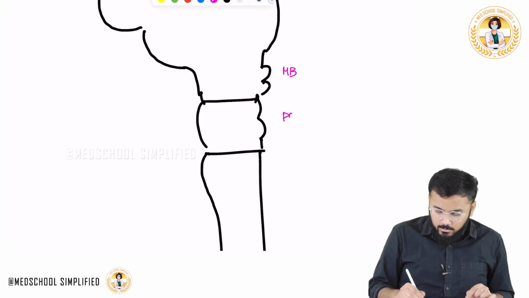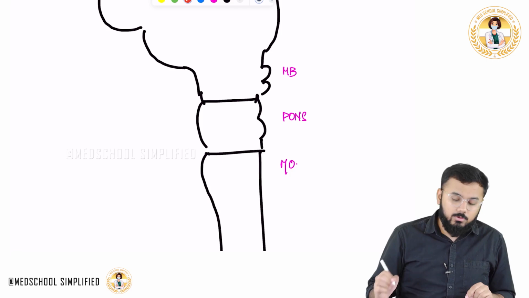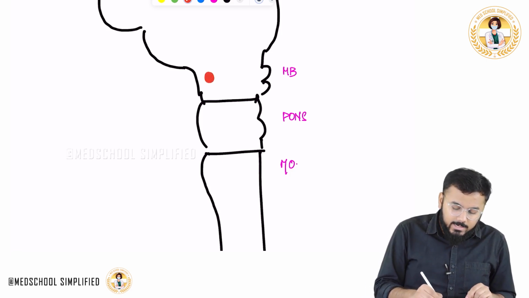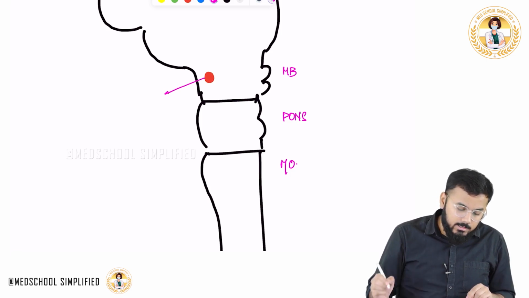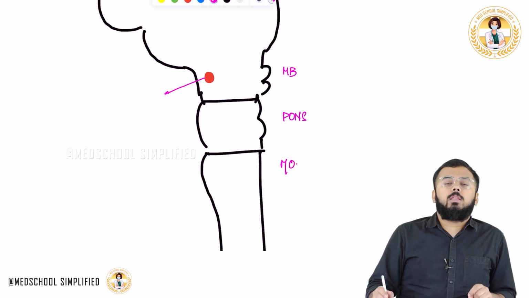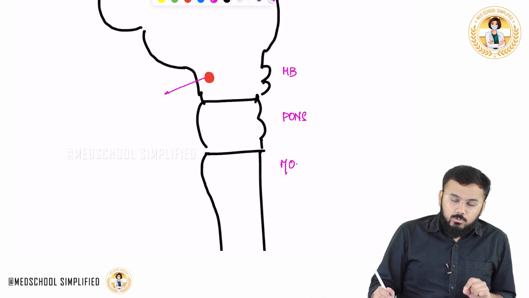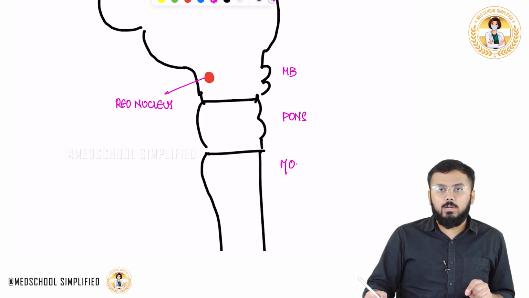One very important thing you need to know is that within the midbrain we have a nucleus which is red in color. This is called nucleus ruber, or you can also call it the red nucleus of the midbrain.